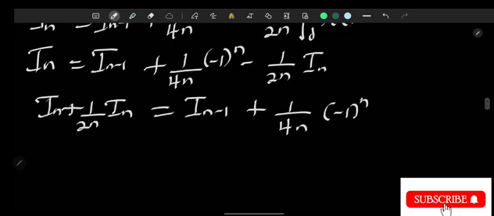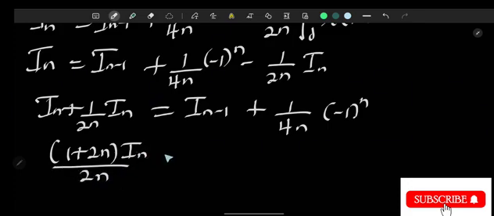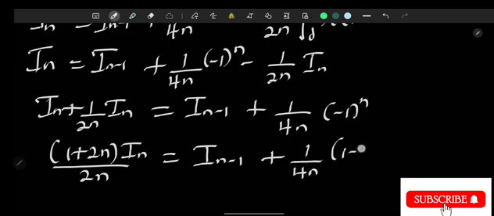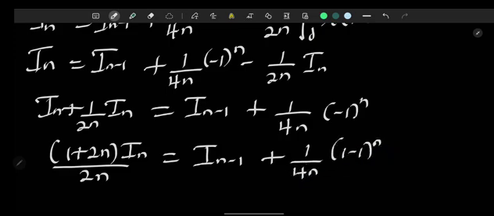Okay, so you take in here, this is going to be 1 plus 2n in, then over 2n equals in minus 1 plus 1 over 4n, then 1 minus minus 1 raised to the power of n. So what's the next thing to do here? You can just multiply both sides by 2n.